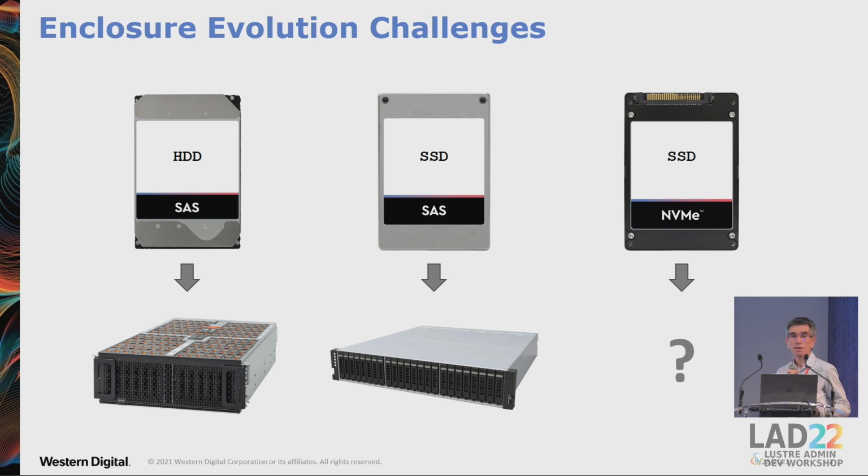Now we have these very high-performing NVMe devices, coming with a dual port as well. But this is really a completely different device. It is connected to a very high-performing bus, the PCIe bus, Gen 3, Gen 4, soon Gen 5. So how can we get the most performance out of this type of device in a parallel file system?